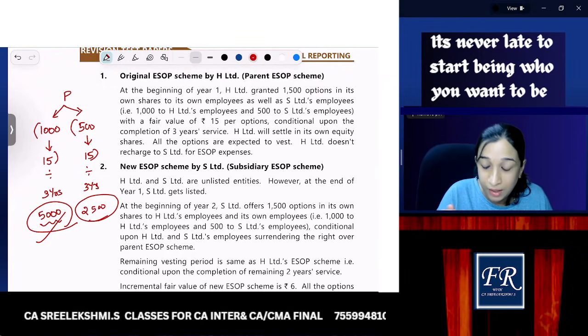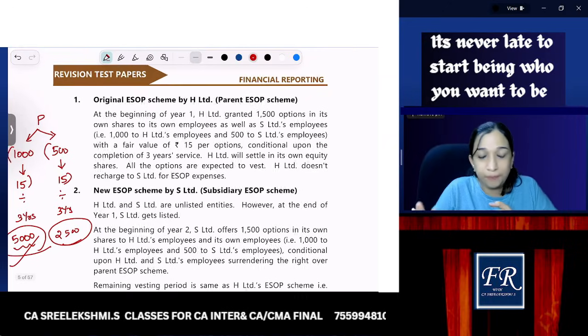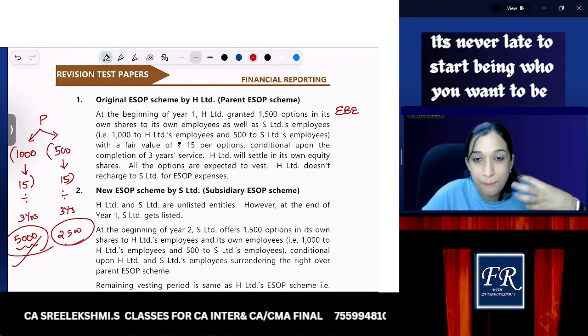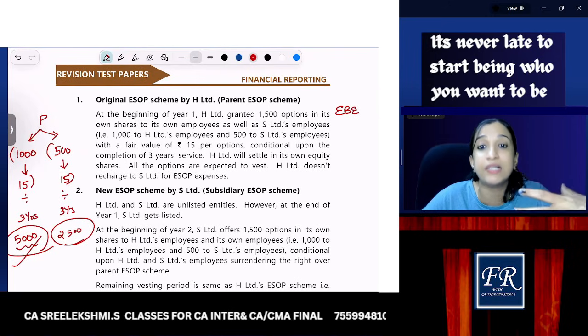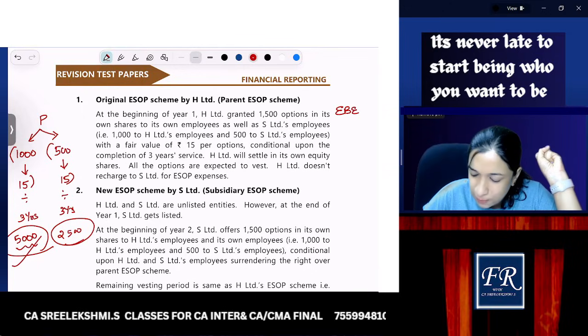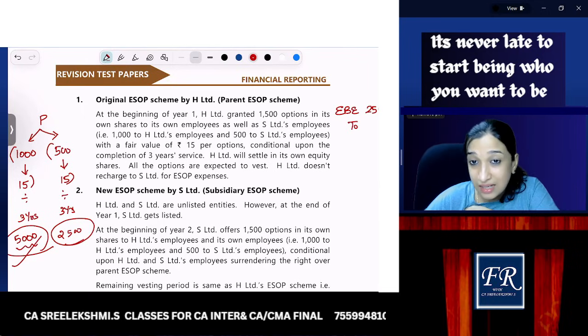And in the books of the subsidiary, it is employee benefit expense, because the employees are working in the subsidiary company, so the employee services are received by the subsidiary company. So employee benefit expense for 500 employees should come in the books of the subsidiary. So employee benefit expense debit 2,500 to, is it SBP reserve?